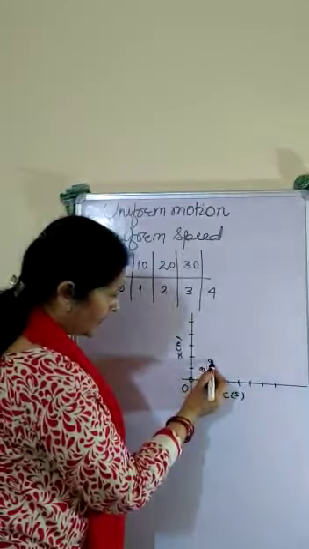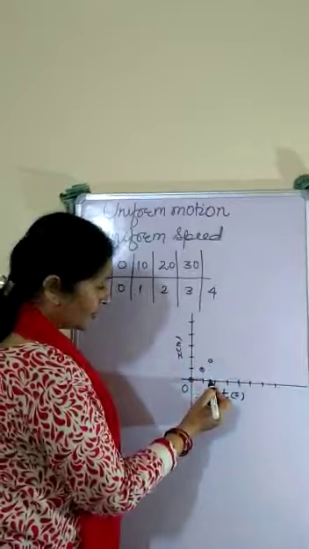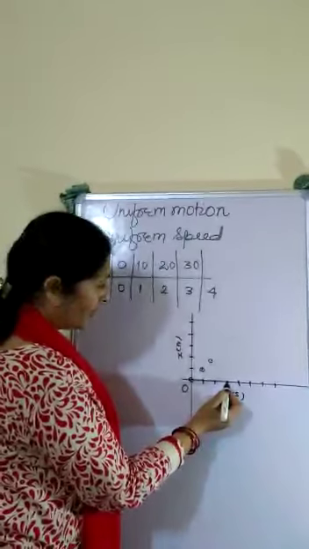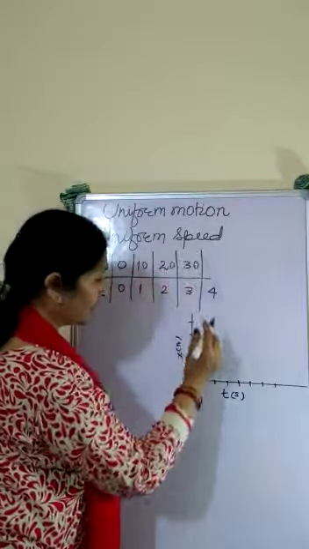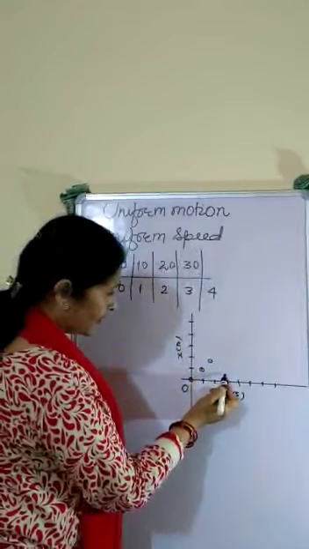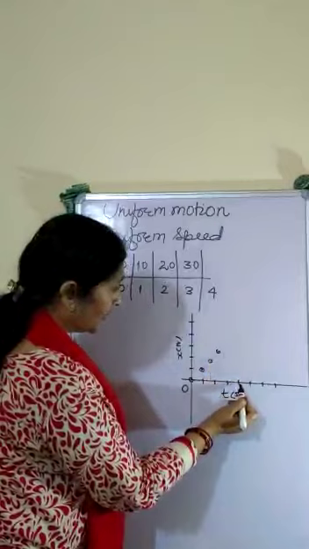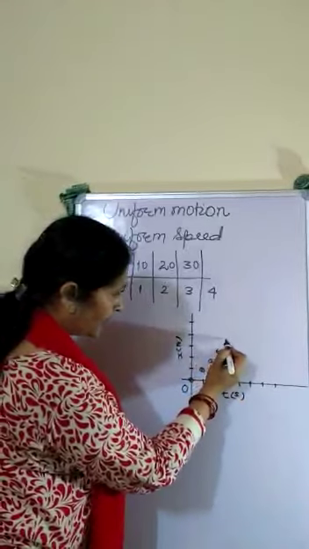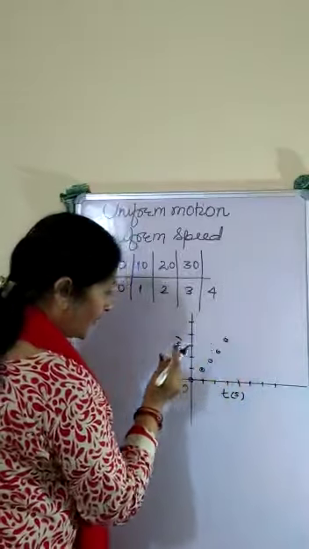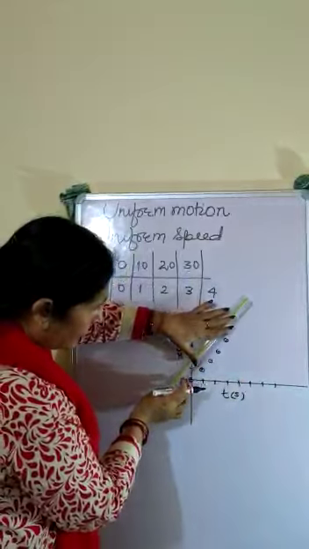This point will come here. Now 3. 1, 2, 3, then 30. 3 and 30. Then 10, 20, 30. At 4 seconds, 40. In this way, we will get a straight line.